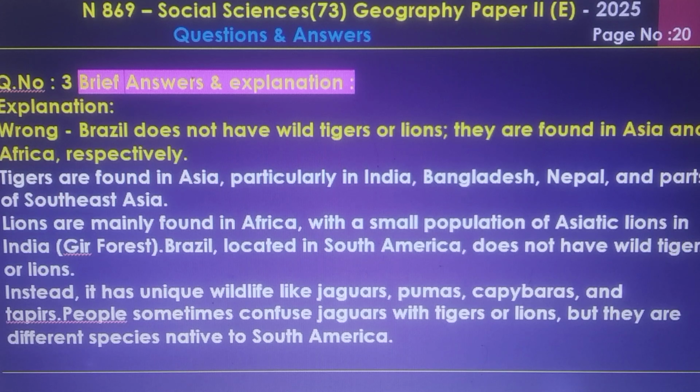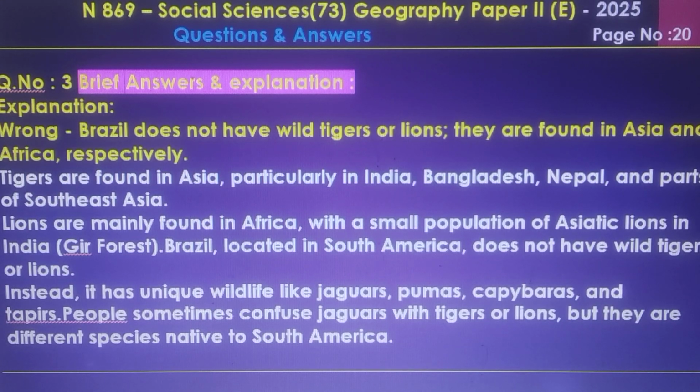The second explanation, the wrong one: Brazil does not have wild tigers or lions. They are found in Asia and Africa respectively. Tigers are found in Asia, particularly in India, Bangladesh, Nepal and parts of southern Asia. Lions are mainly found in Africa, with a small population of Asiatic lions in India's Gir forest.